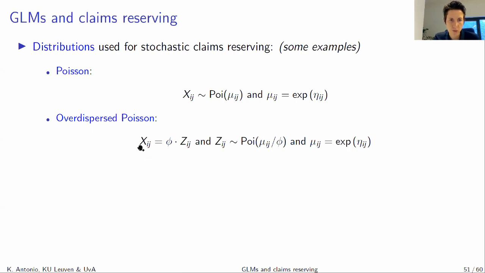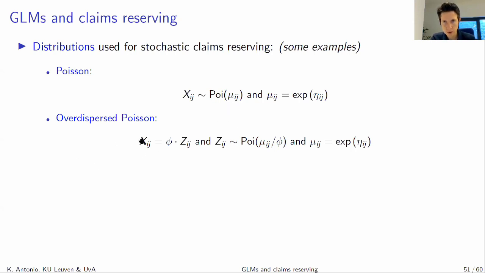Well, we can say that if x can be written as a dispersion parameter phi times z, and z follows a regular Poisson distribution with mean mu divided by phi, then we can construct this over-dispersed structure. Because then the expected value of x will be phi times the expected value of z, but the expected value of z is mu divided by phi, so the expected value for x is still mu, right?